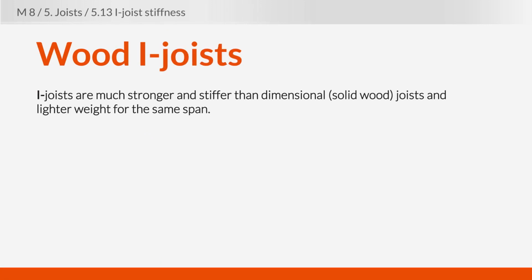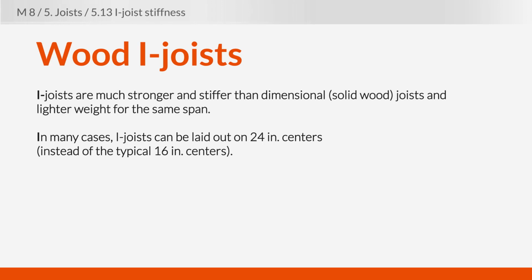I-joists are much stronger and stiffer than solid wood joists, and they're lighter weight for the same span. In many cases, I-joists can be laid out on 24-inch centers instead of the typical 16-inch centers. Of course, that means the subfloor has to be a little bit thicker. The webs are much easier to cut for the trades.